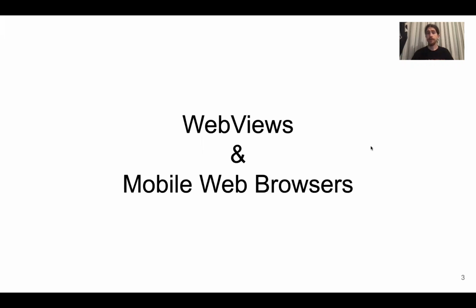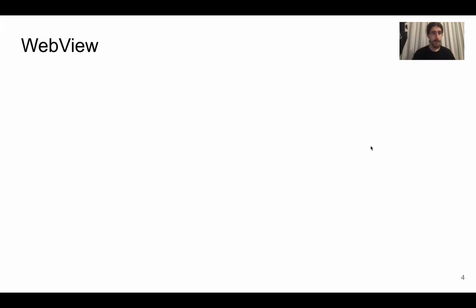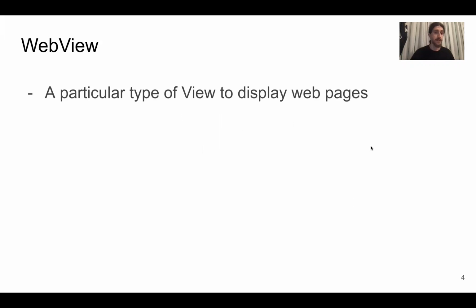First thing we're going to focus on is web views and mobile web browsers. So what are these? And why are these security relevant and interesting to discuss? A web view is a particular type of view to display web pages. As you should know at this point, you have a mobile app and it has activities, and each of these activities can be built with different widgets.